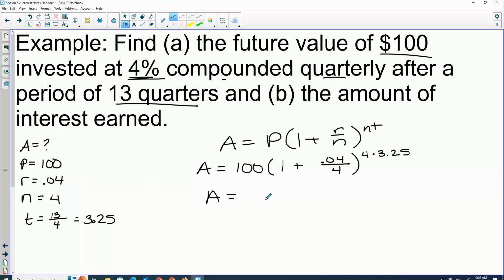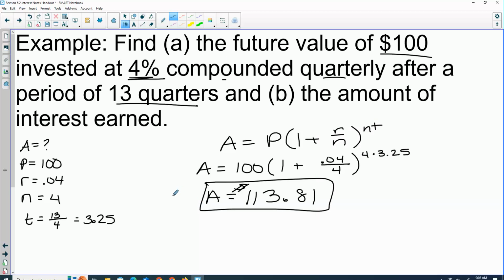It is money, so we'll round to the nearest cent. So did you guys get 113.81? Your ending amount is always going to be larger than your beginning amount. So A is always bigger than P. Did everyone get that when they plugged it in?